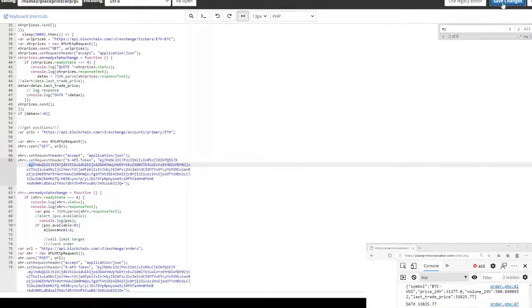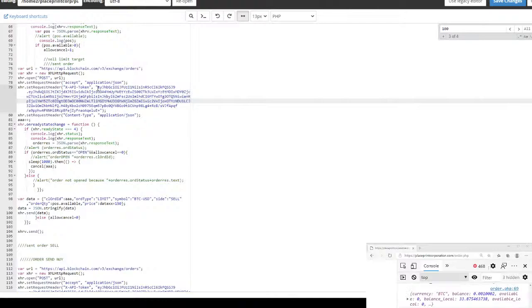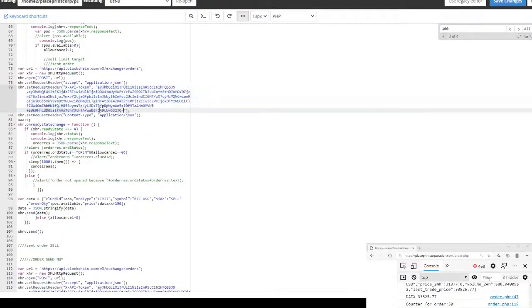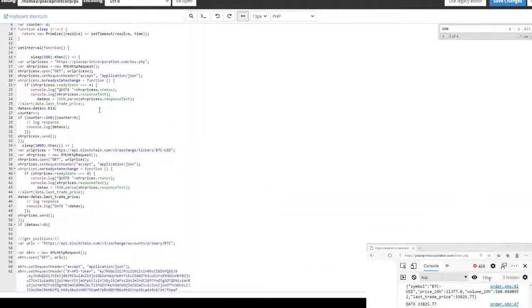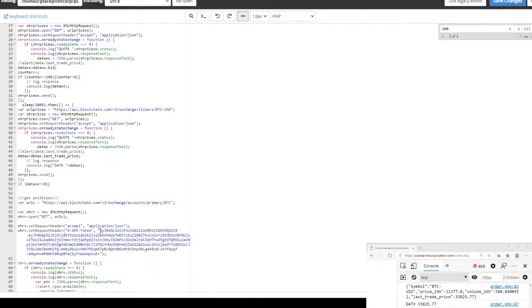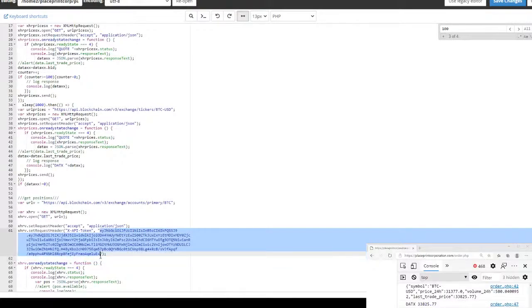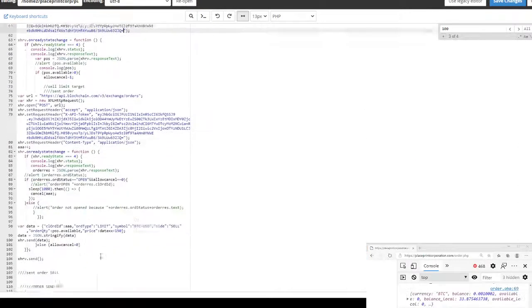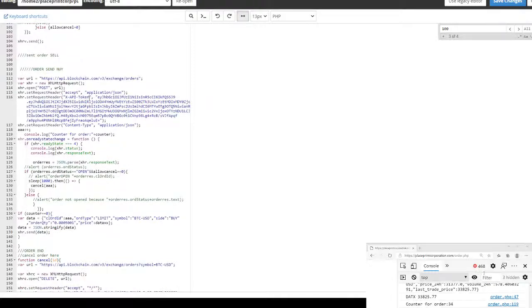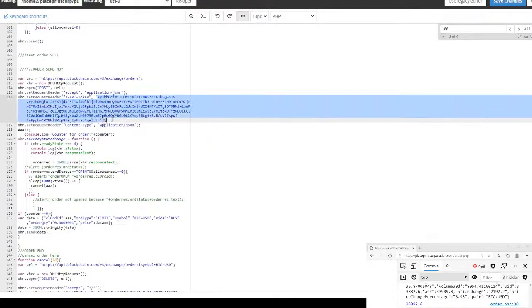Alright, I think that'll do it, and then we need to do order. So, again, you're not supposed to show these keys because they're gateways to your order book.